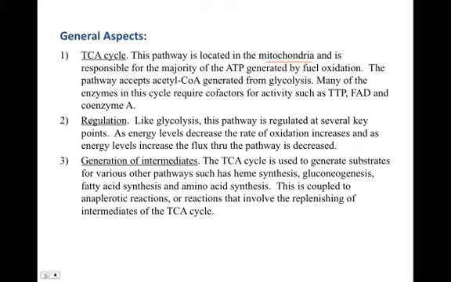These are coupled to what's referred to as anaplerotic reactions, and these are reactions that involve the replenishing of the TCA cycle intermediates. So the energy yielded from one turn of the TCA cycle is the generation of 1 molecule of GTP via substrate level phosphorylation, 3 NADH, and 1 FADH2.